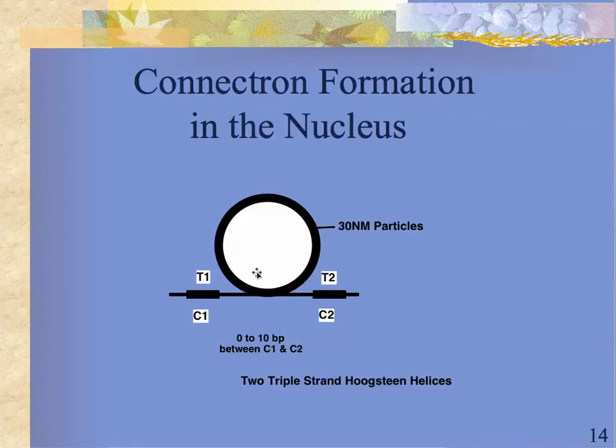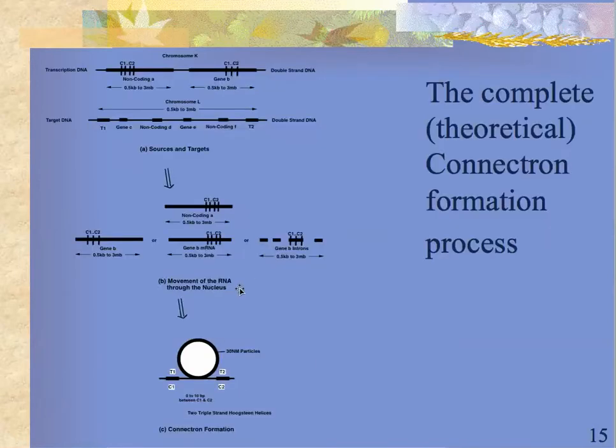The loop formed by this structure is in 30 nanometer chromatin structure, and it can condense down and even be pasted down by methylation for permanent closure if the system wants that. So this is the complete theoretical model of the connectron formation process.